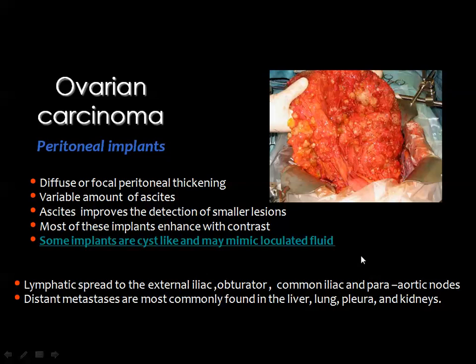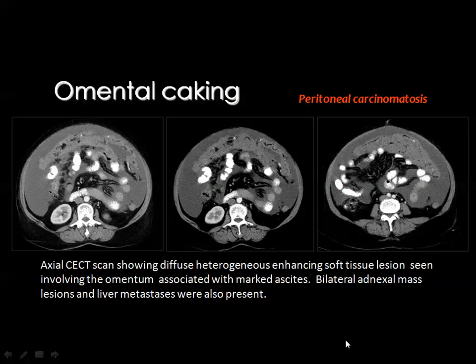And these lesions, if they are large enough, produce diffuse marked thickening of the omentum, which is known as omental cake in radiology practice. Then lymphatic spread will go to the external iliac, obturator, common iliac, and para-aortic lymph nodes, while distant metastases may affect the liver, the lung, the pleura, and the kidneys.